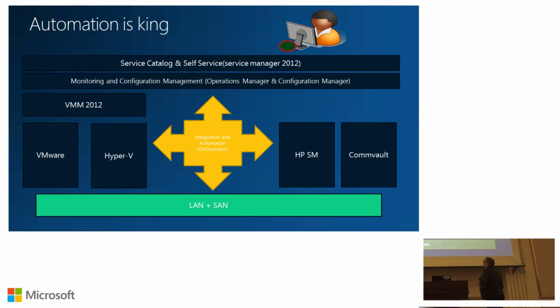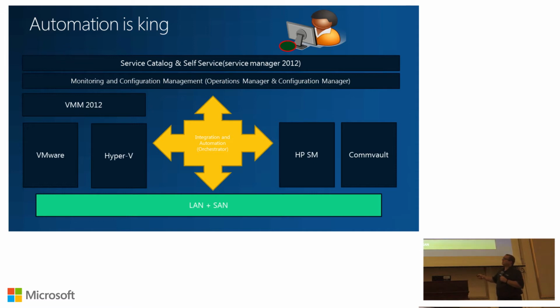So with Orchestrator, that's our tool in the middle, we can do all these things automatically. Someone requests the machine out of a self-service portal, could be Service Manager, could be anyone, and we automatically install the machine. Orchestrator is triggering this, and we go to our Virtual Machine Manager, or before, our HP server manager.